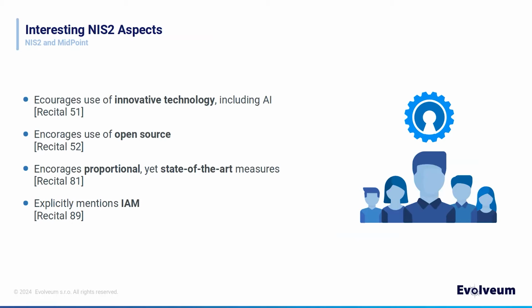Then open source is mentioned as well, as a technique of software development that produces products that are efficient due to sharing of knowledge, which is very good for MidPoint, of course. And then the proportional state of the art measures are mentioned as well. And this is probably the first legislation ever that I recall that explicitly mentions identity and access management. It's mentioned in recital 89.